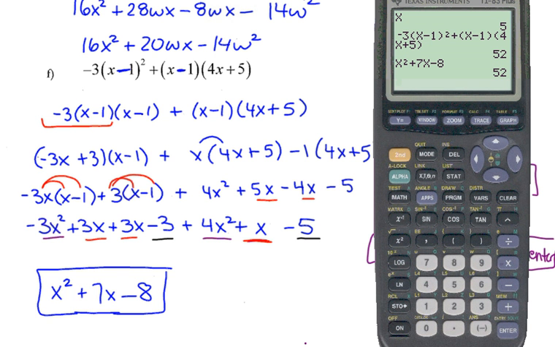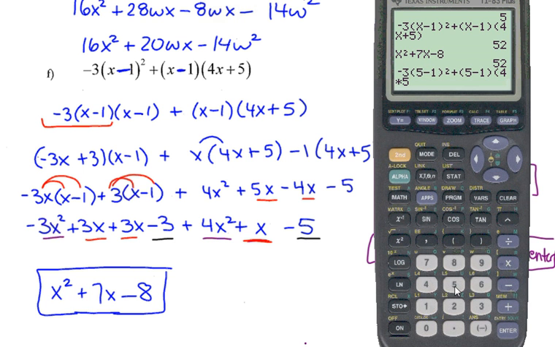Could you store it as other letters? Yeah. You could also just use a number, then you would have to actually sub in carefully. 5 minus 1 squared plus bracket 5 minus 1 times 4 times 5 plus 5.